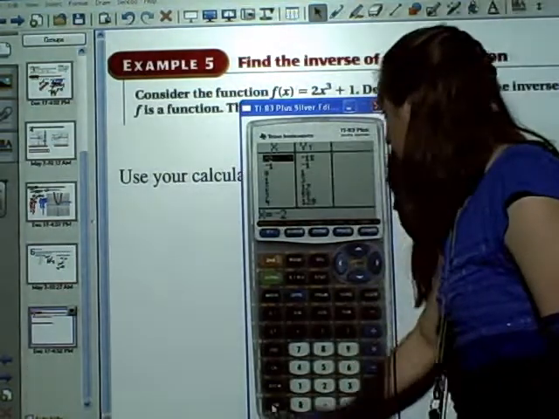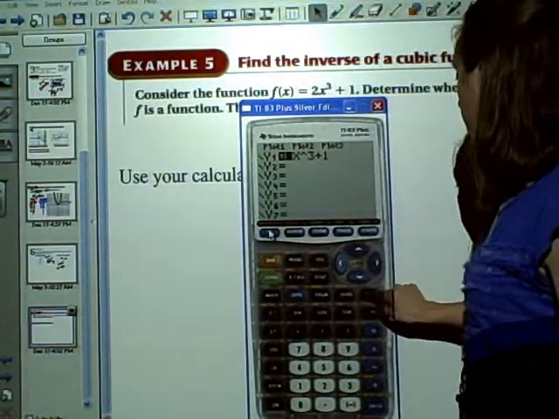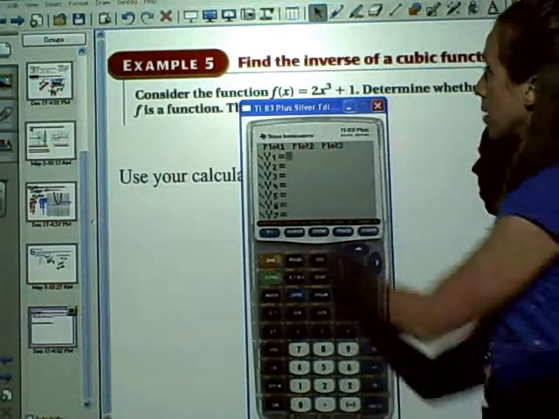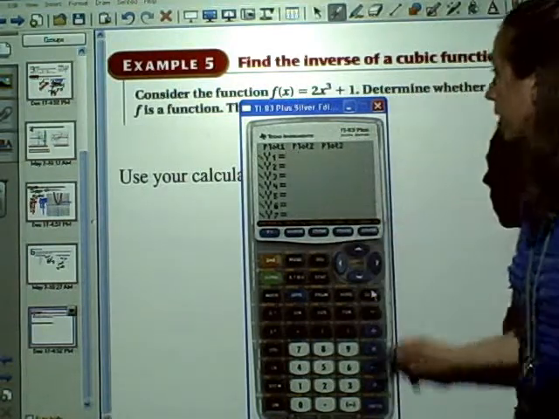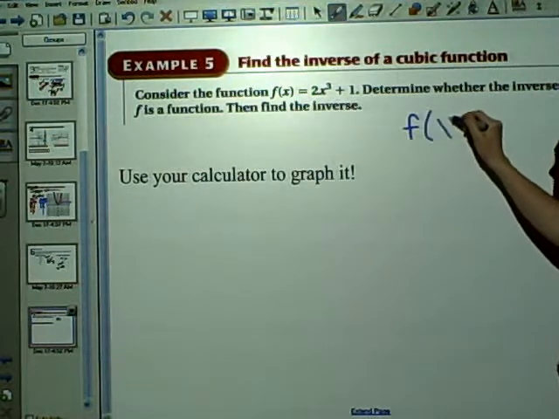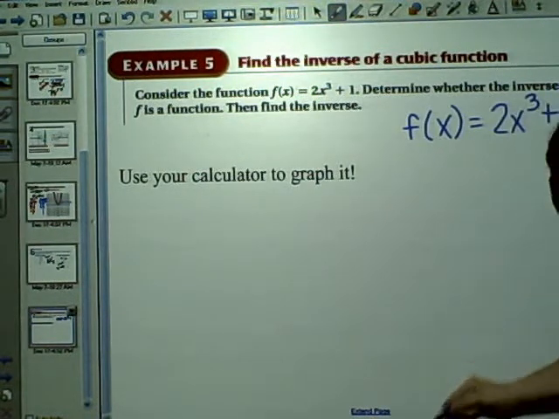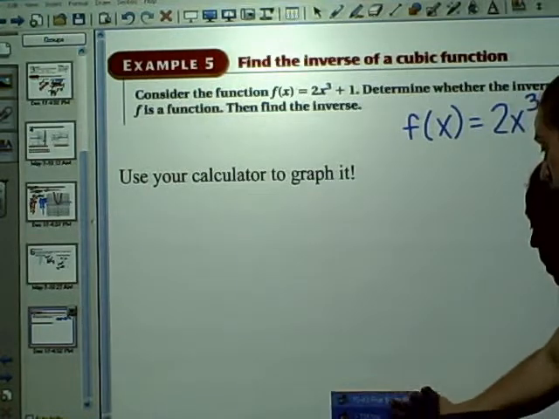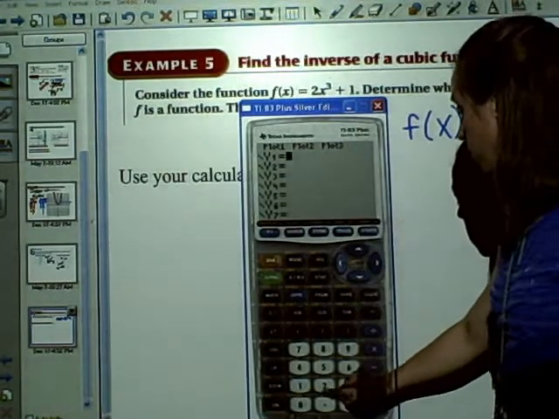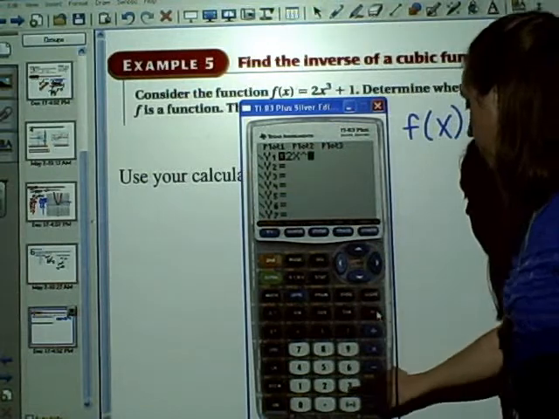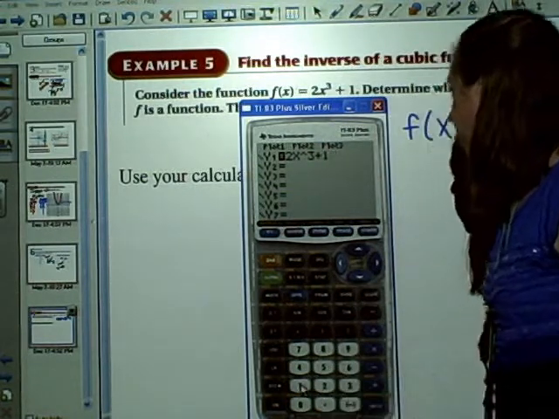So here's my calculator. I'm going to go to my y equals screen, and I'm going to graph this function here. F of x is 2x to the third plus 1. So we're going to type that in. 2x raised to the third power plus 1.